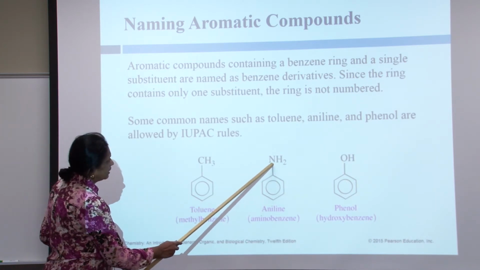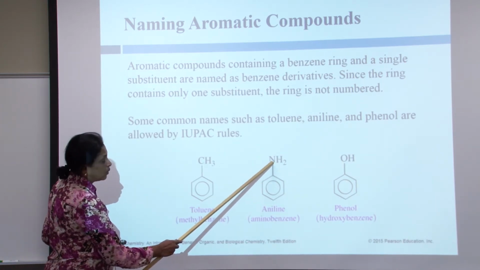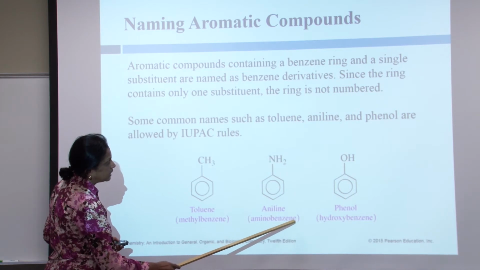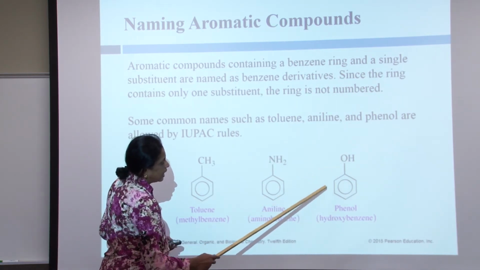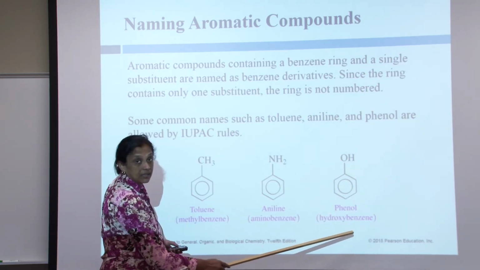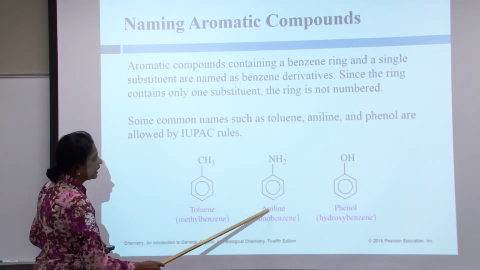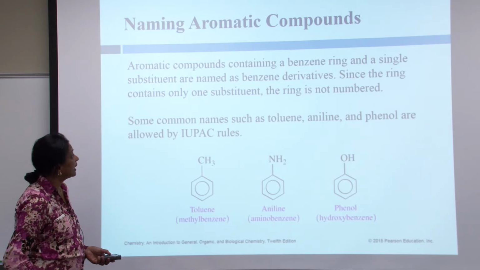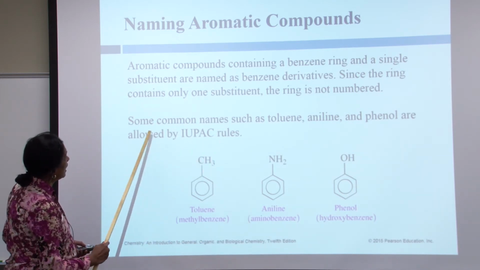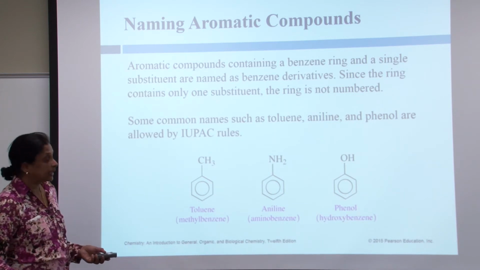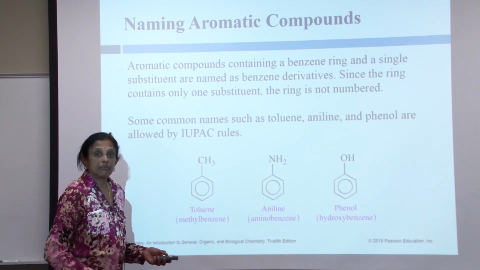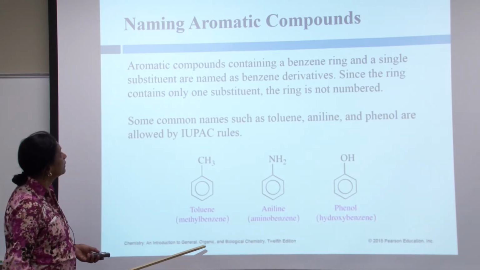This substituent is an amino group, aminobenzene. This substituent is a hydroxyl group, hydroxybenzene. These are the IUPAC names. The common names are also allowed, so we can call these toluene, aniline, and phenol.